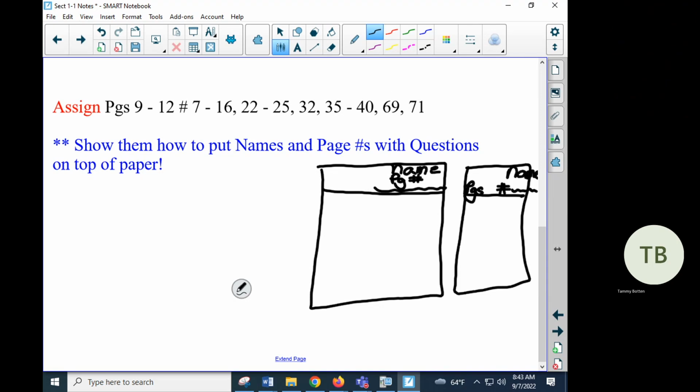The reason I do that is then when I enter it into the grade book, I know what page you're on and what problems you did. So make sure you put your name, the page numbers, and the problems on your assignment. Did you think it was hard today? Okay, so that's your assignment.